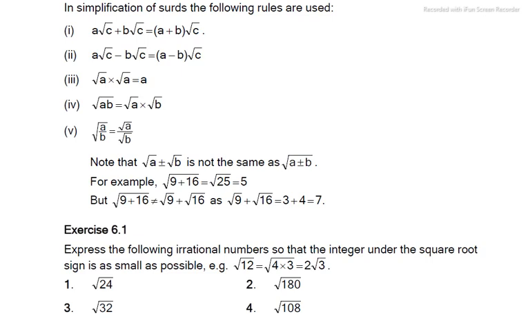For instance, here we are told that root a times root a gives us root a squared, and the square now cancels with the square root, so you end up with a. For instance, if we had root 3 times root 3, that gives us root 3 squared, and we cancel the square with the square root to remain with 3.